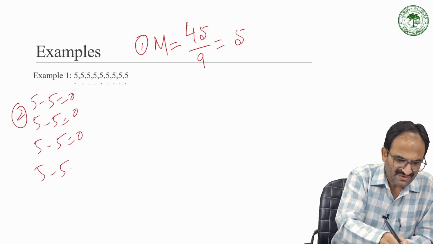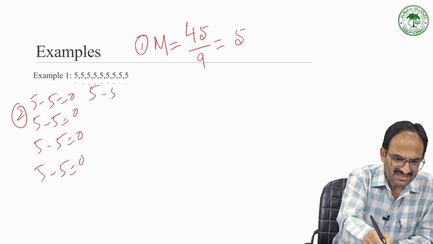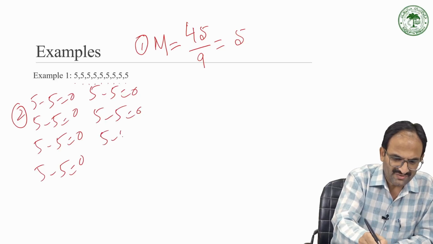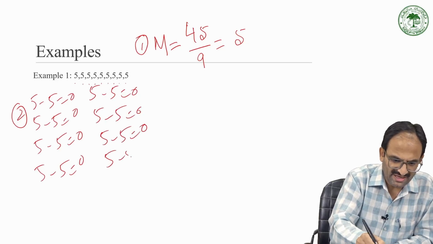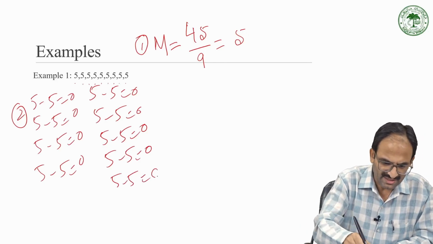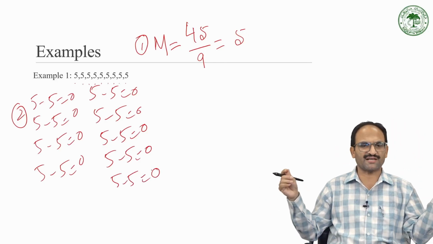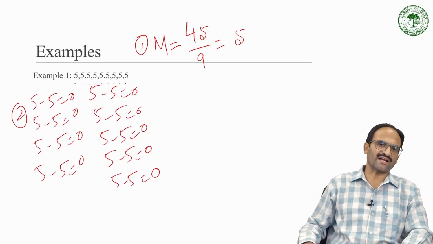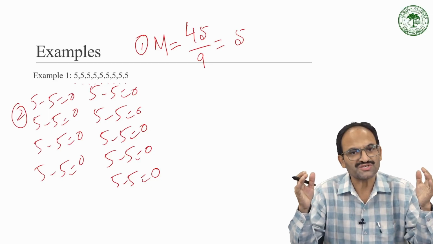Then 5 minus 5, 0. Then 5 minus 5, 0. 5 minus 5, 0. 5 minus 5, 0. 5 minus 5, 0. And finally 5 minus 5 is equal to 0. So, this is a very unique case where the numbers which are there in the data set and the mean are the same. That's why in every case we are getting the value 0.